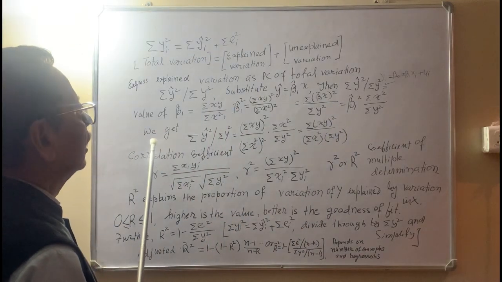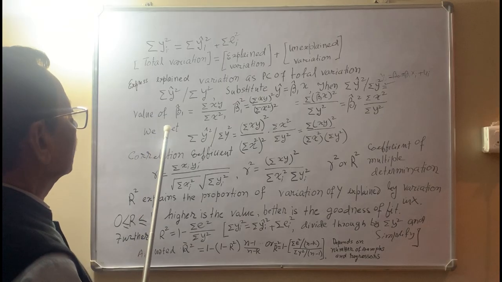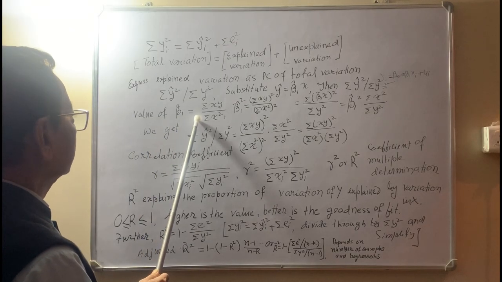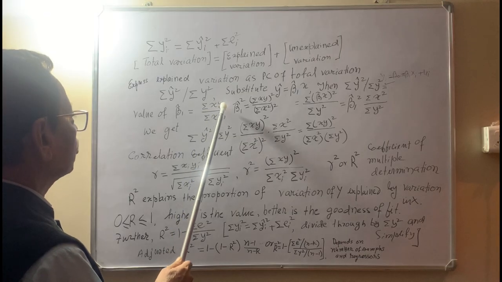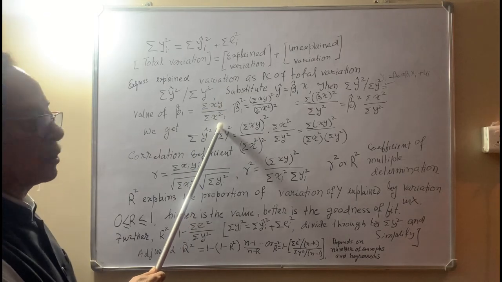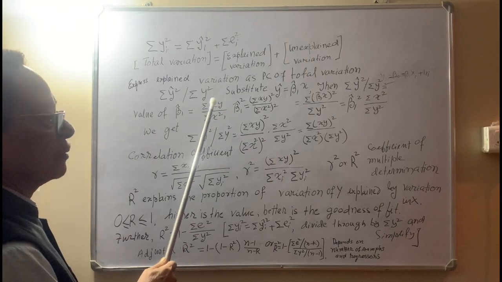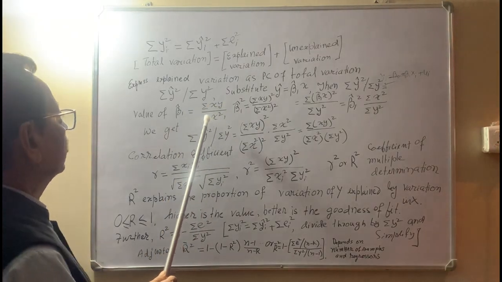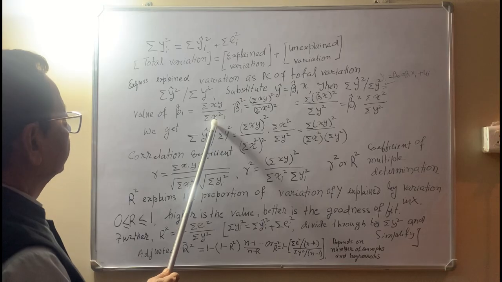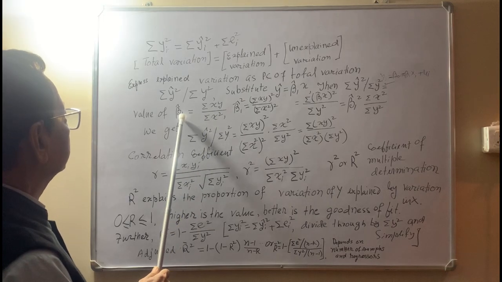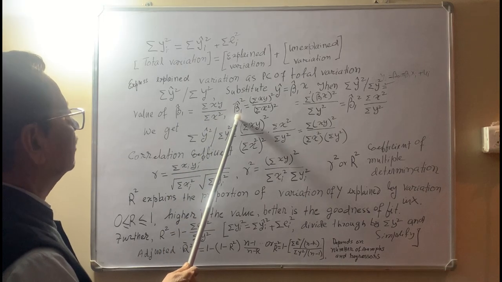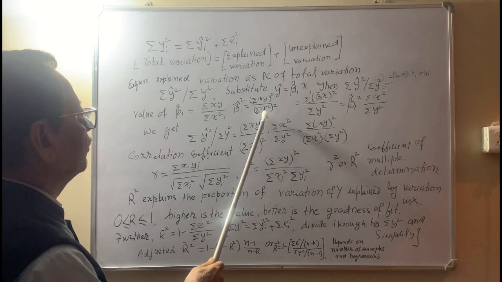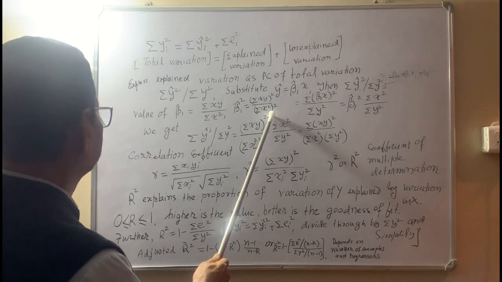Okay. Now, the value of beta 1 is equal to summation x square by summation x square, which we got earlier when we estimated through the two normal equations, the least square method. So beta 1 was this. So the square of this is summation xy whole square by summation x square. Okay.